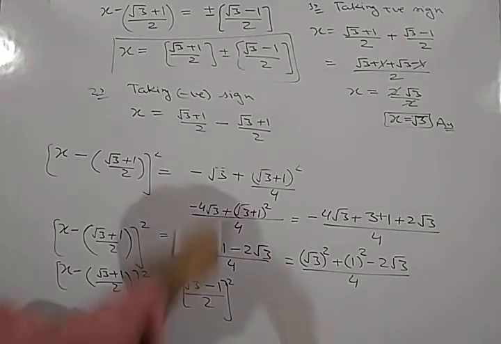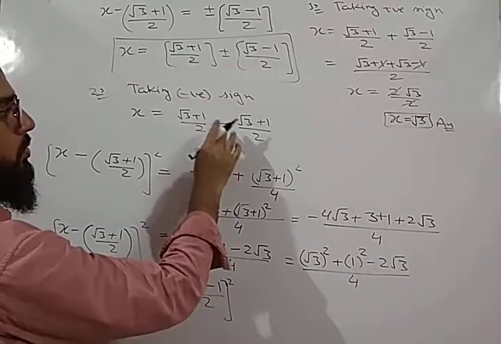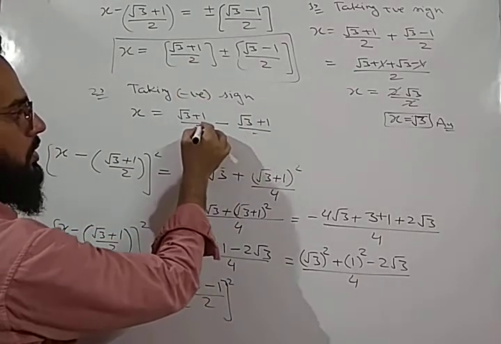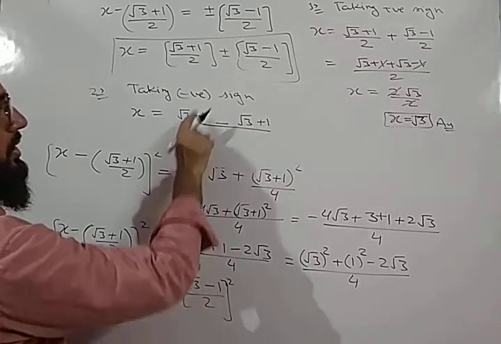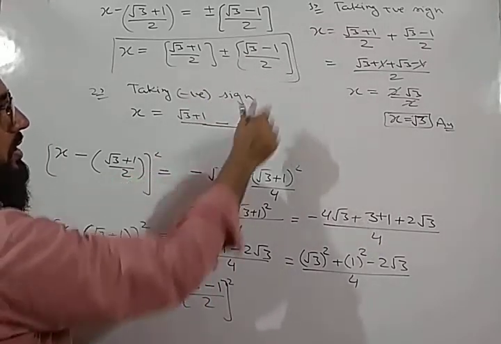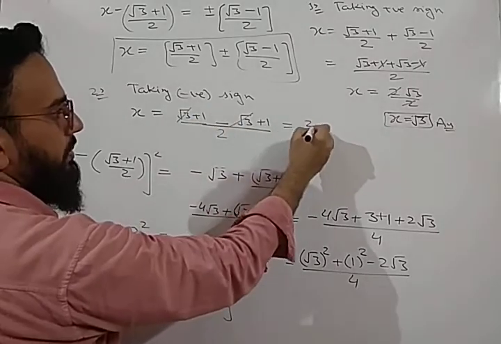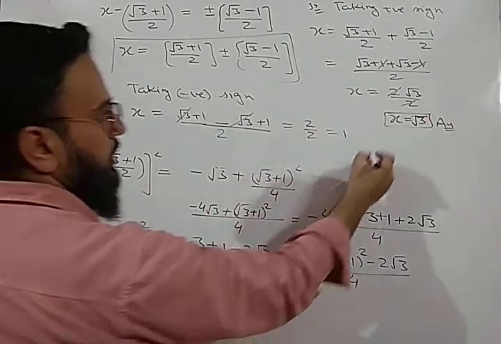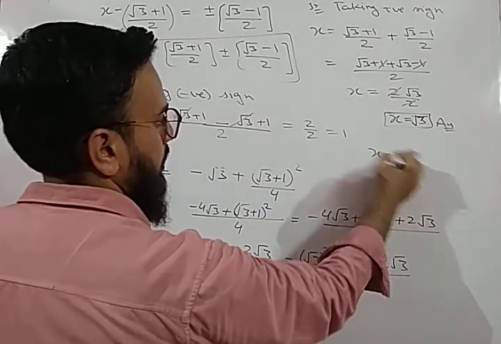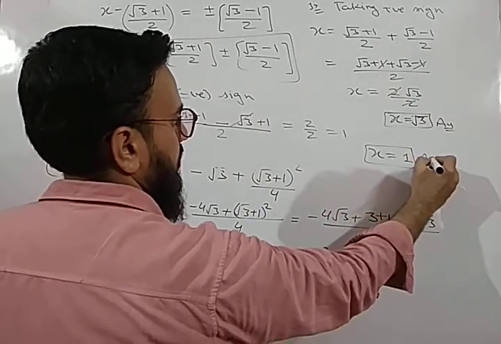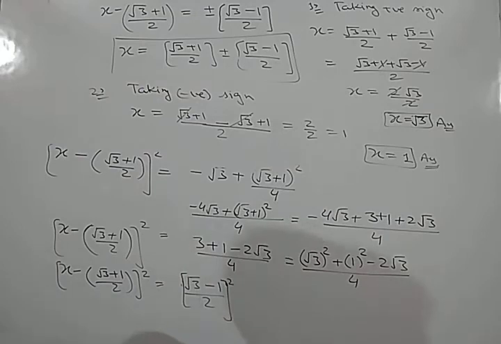Opening the bracket, it will be minus root 3 plus 1 upon 2, or if you take LCM as 2, it will be (root 3 plus 1 minus root 3 plus 1) whole upon 2. Now root 3 and root 3 will be cancelled out, so it will be 2 by 2, which is equal to 1. So the second answer is x is equal to 1. So we got both the answers, x equal to root 3 and x equal to 1.